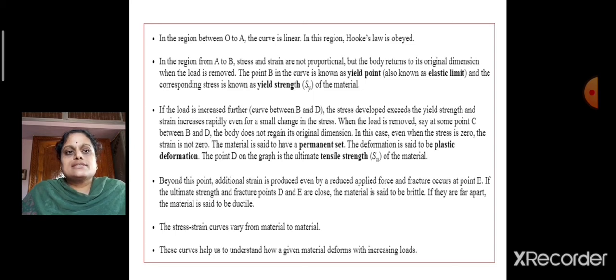In this case, even when the stress is 0, the strain is not 0. The material is then said to have a permanent set. The deformation is said to be plastic deformation. The point D on the graph is the ultimate tensile strength of the material.